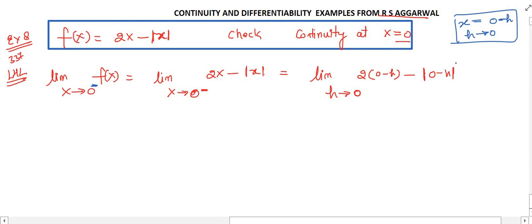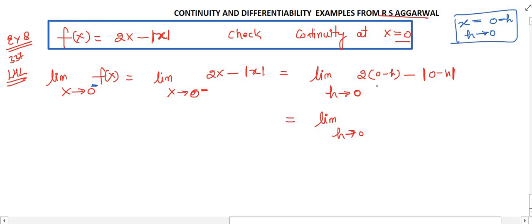Correct? Now how to simplify it? Let me write down limit h going to 0. Just don't get scared by looking at so many h's or so many modulus functions. Just stick to the logic and you will end up with the correct answer.